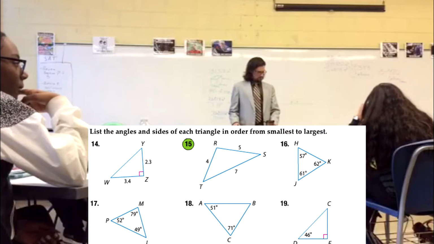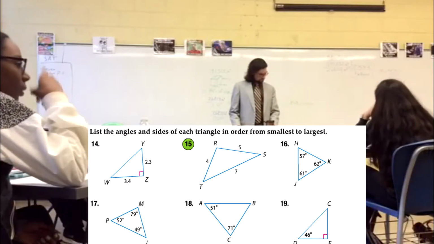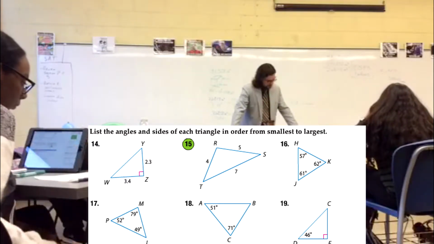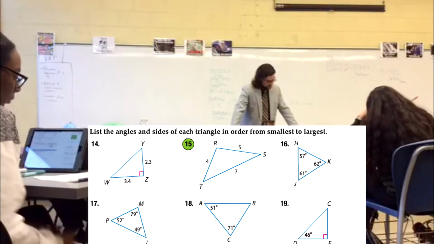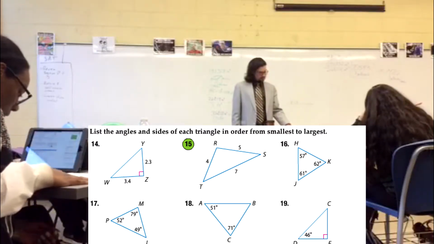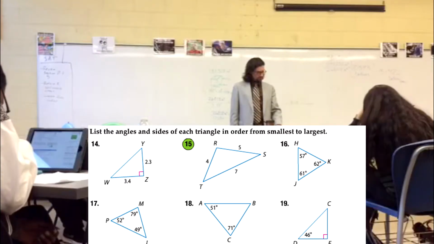Wait, no, you said 16 first. Yeah, 16. Angles, HJK. Sides, JK, HK, HJ.